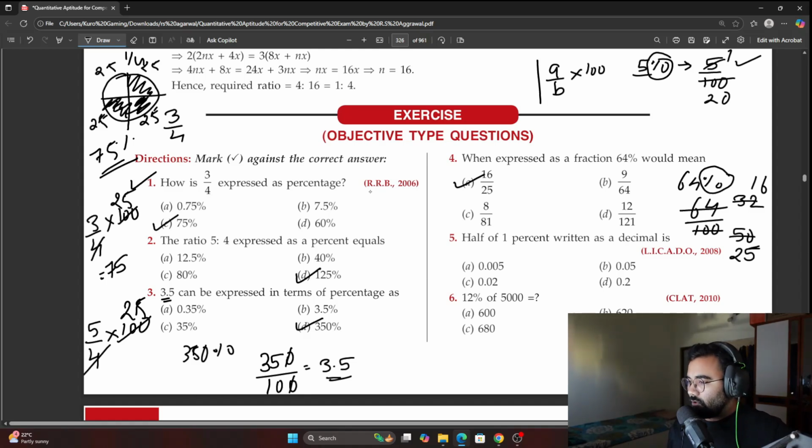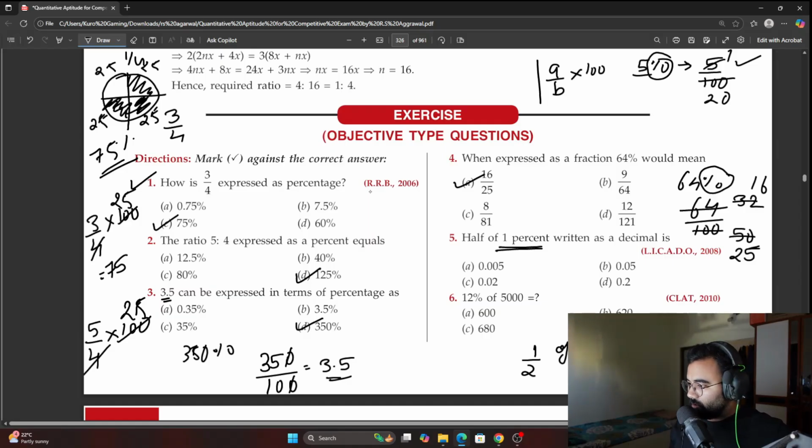All right, we move on to question number 5. Half of 1% written as a decimal. So it's simply half of 1%. Okay, so I can write this as half multiplied by 1%, 1 upon 100. Let's see if I'm right or wrong.